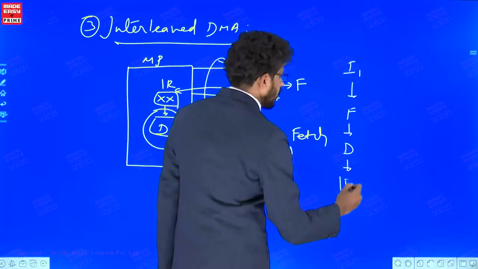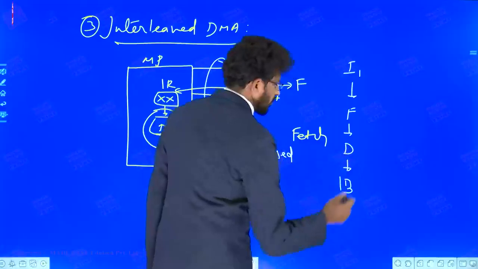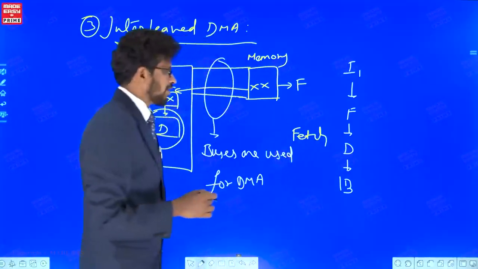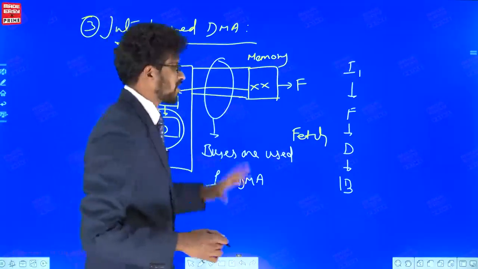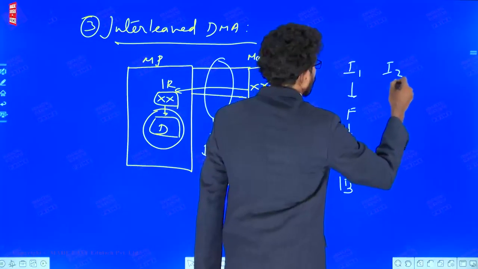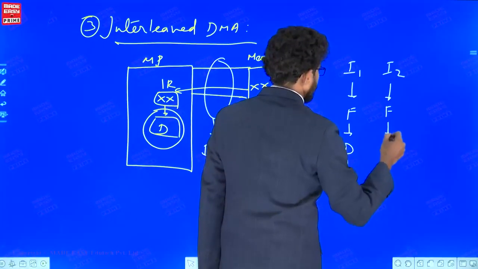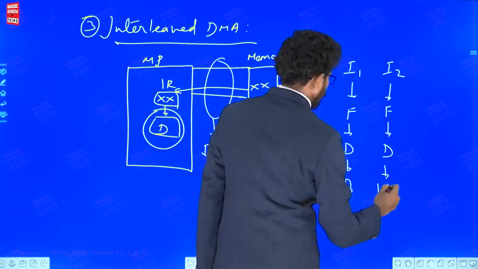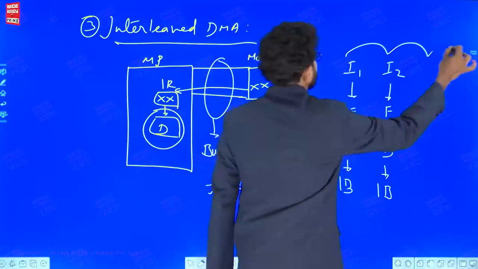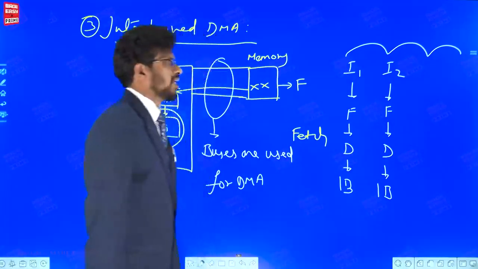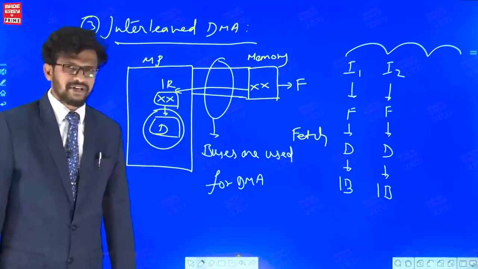In this time only 1 byte is transferred. Again, after decoding, buses may be utilized for read-write operations. So 1 byte is done. Again, instruction 2, again opcode fetch for the second instruction, again decode, and 1 more byte is transferred. So like this, byte by byte is transferred per instruction. That is why it is called as interleaved DMA.